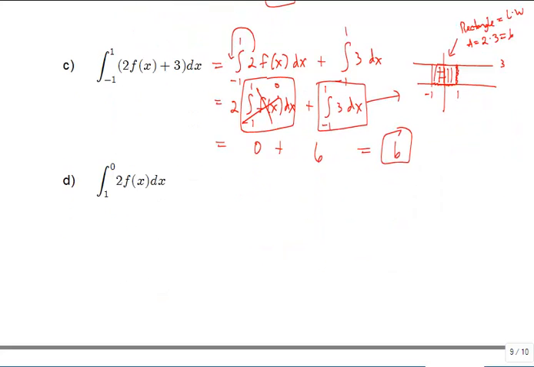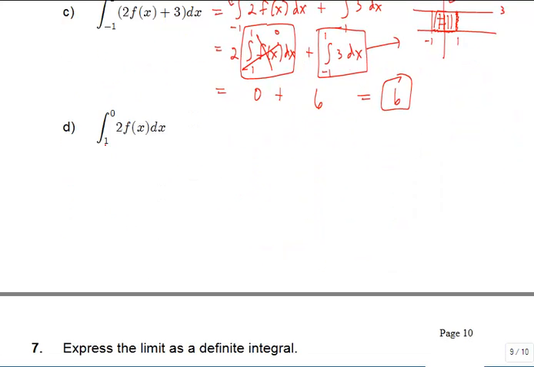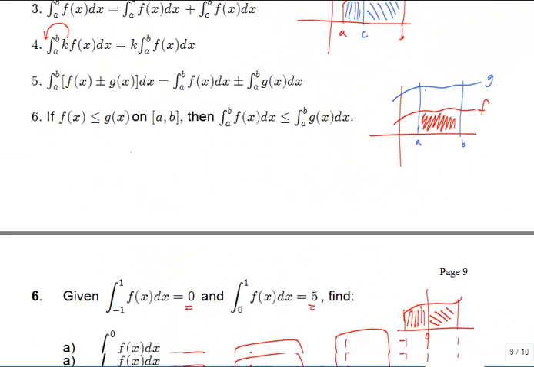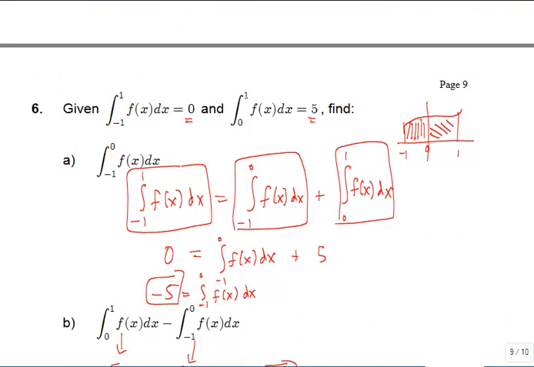Okay? And then this last one here, we want the integral from 1 to 0 of 2f of x dx. So the first thing I'm going to do is pull that 2 out front. And then if we look back at what we know, the integral from 0 to 1.